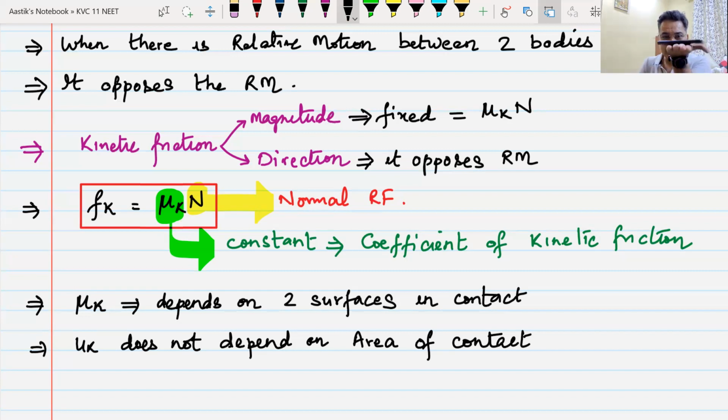But if the surface is the same, the value of mu does not change. This is the same surface from all sides, so however I keep it, the value of mu k does not change. Do we understand this?